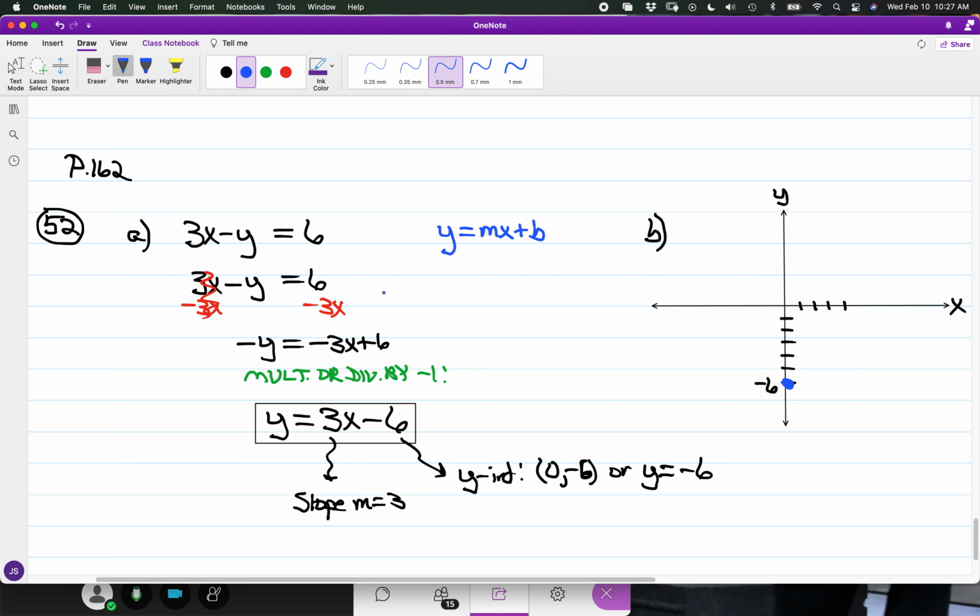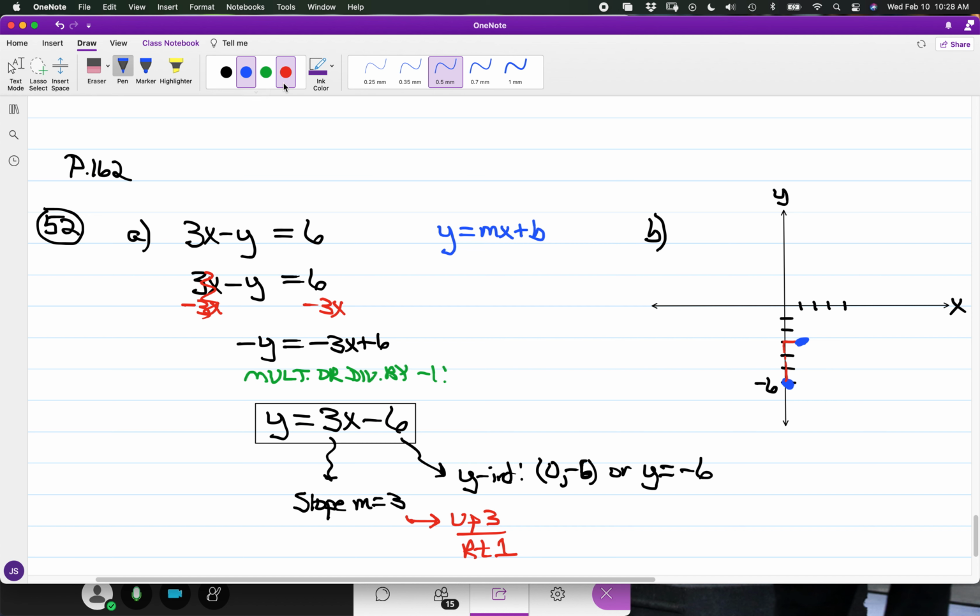The slope is 3, so there's going to be a cycle of going up 3 units and a shift of 1 unit to the right. So you have a bit of a triangular formation, going up 3 units and out to the right 1 unit.